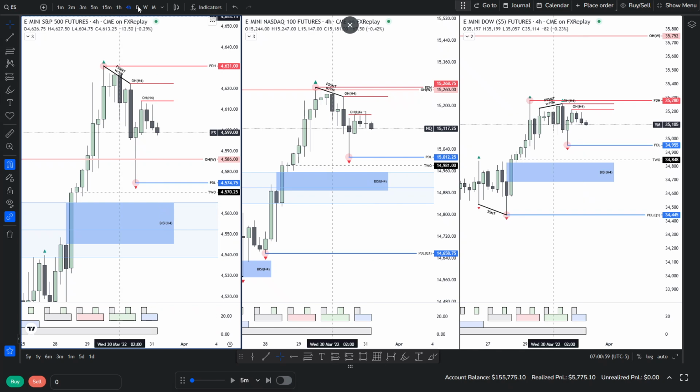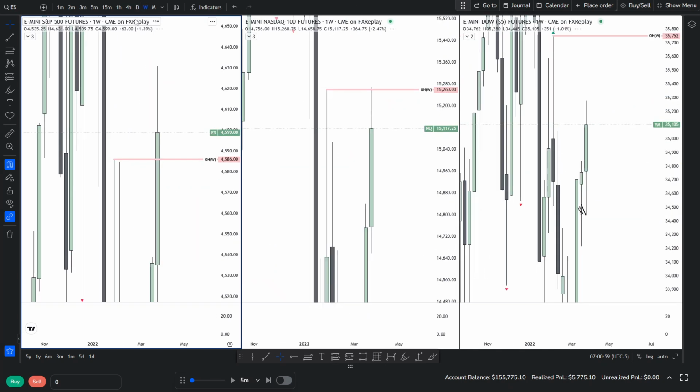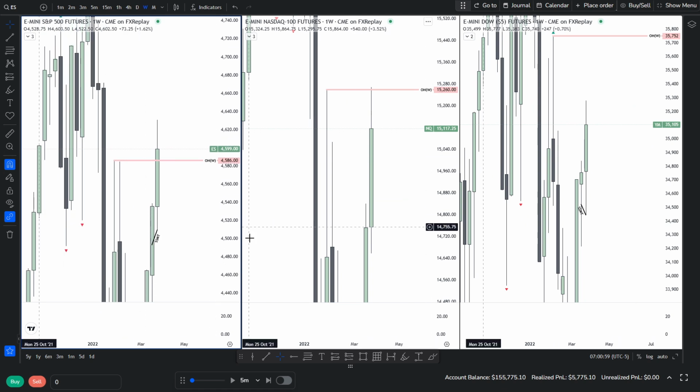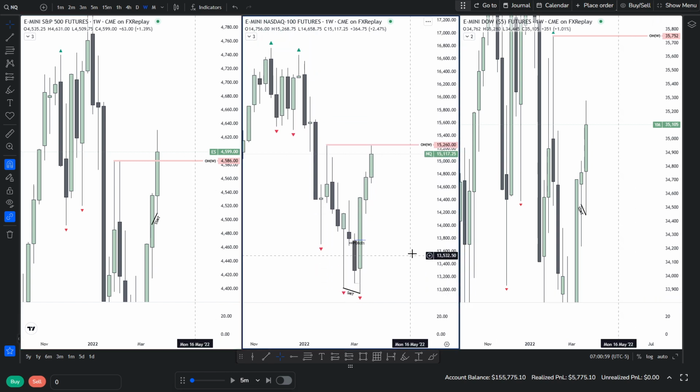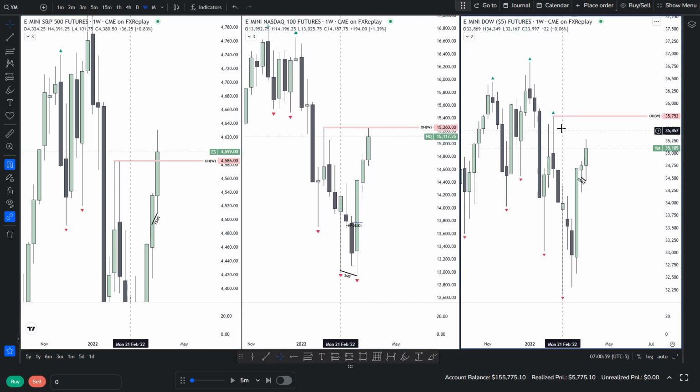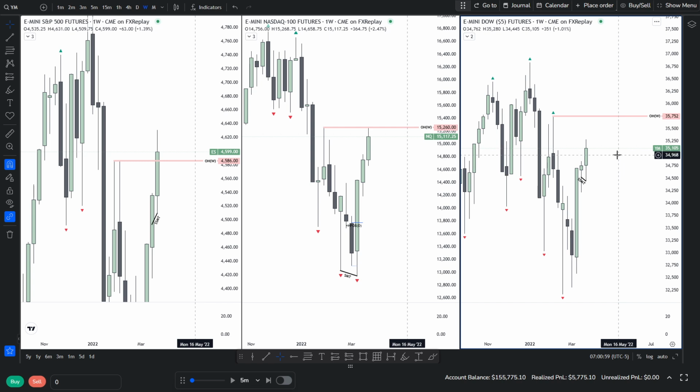So if we go back out to the daily as a bare minimum, I mean, we can go to the weekly, but in terms of the weekly, we've obviously purged the high external range liquidity, potential SMT there, but I wouldn't necessarily note that per se. But ultimately, the market has traded to external range liquidity in the form of the old high weekly.